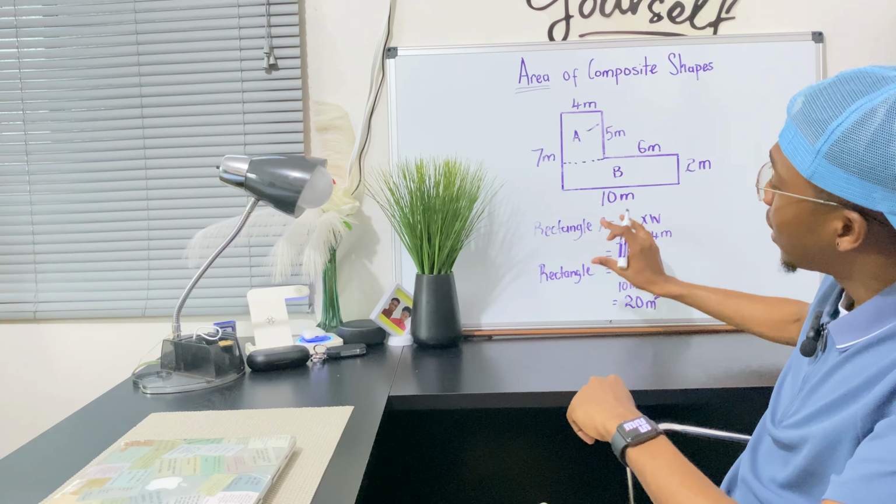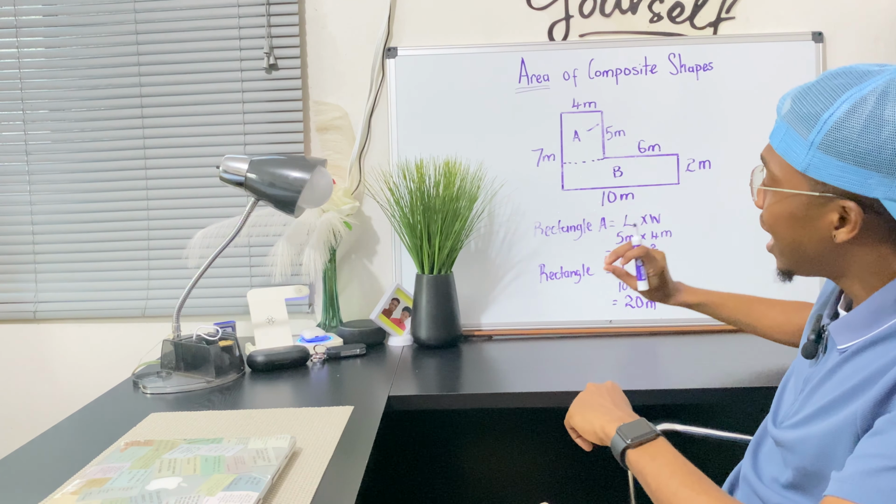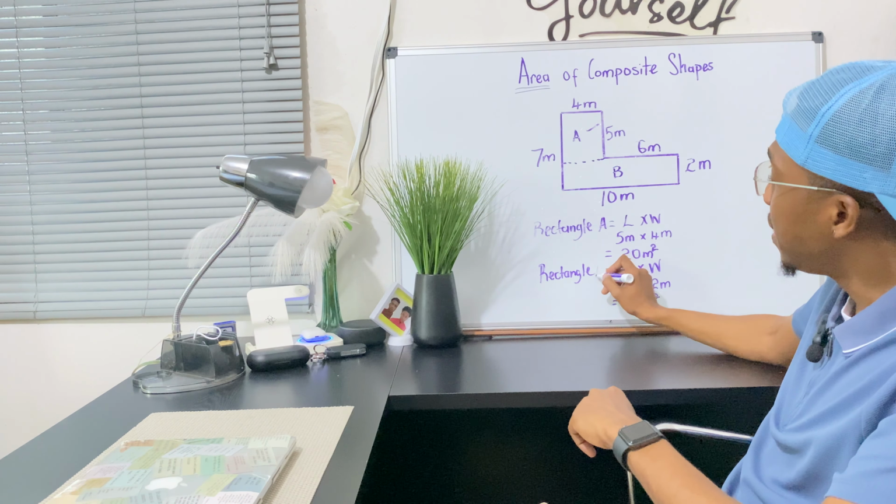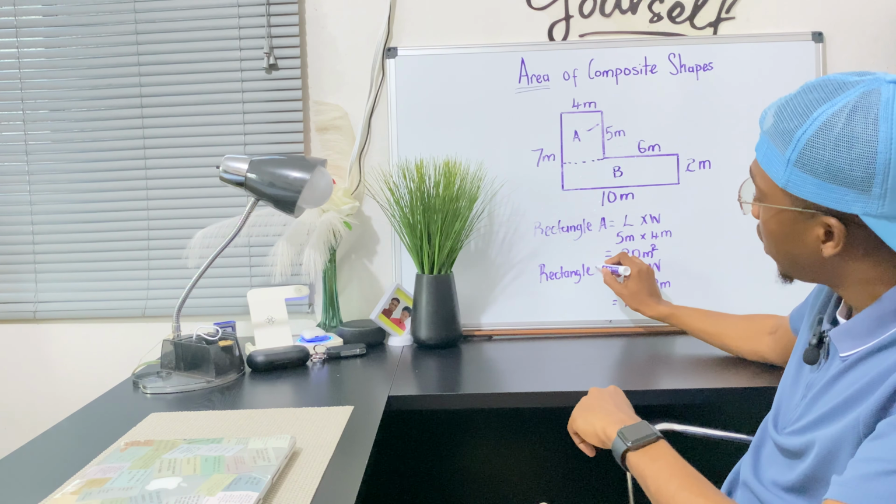Now we're about to add rectangle A and rectangle B. We didn't put the B here, but we know it is rectangle B that we're making reference to. Now we have found the area of both, so let us just put it here.